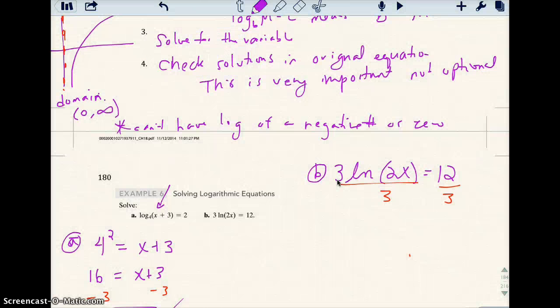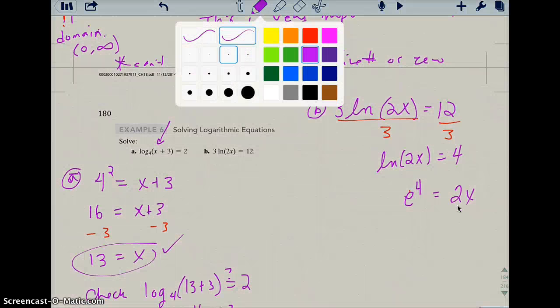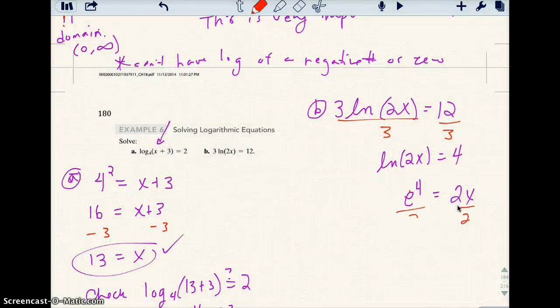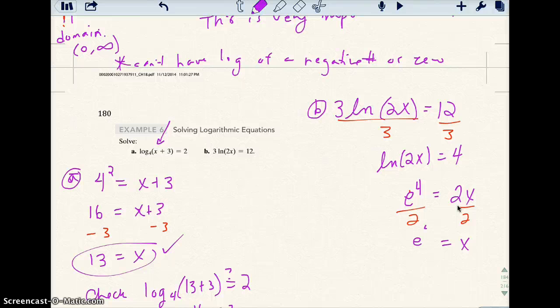So I get natural log of 2x equals 4. And now I have that in logarithmic form. The base here is e. So e to the 4th power is going to equal the 2x. Now if I divide both sides by 2, I'll get x alone. Okay, so that's the exact value. This is the exact value.